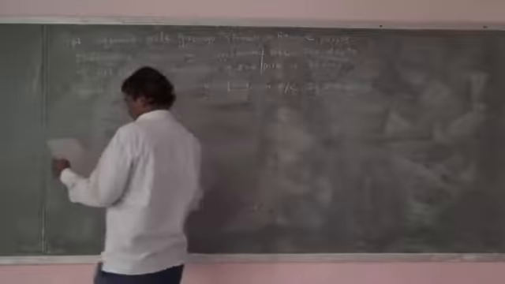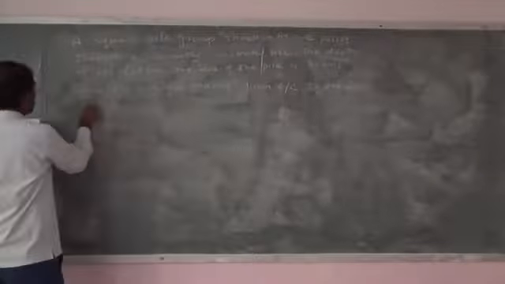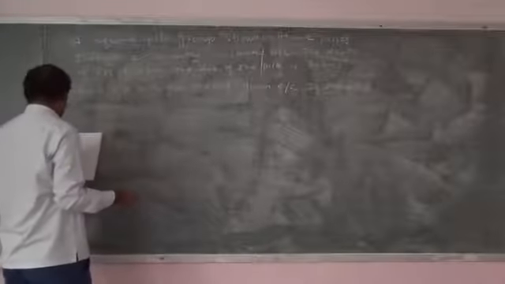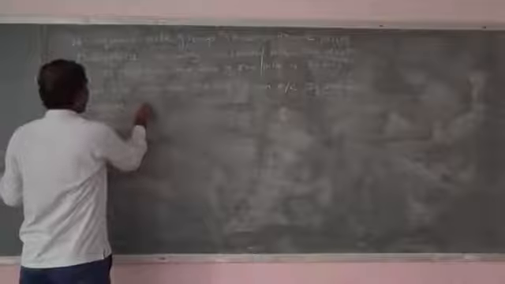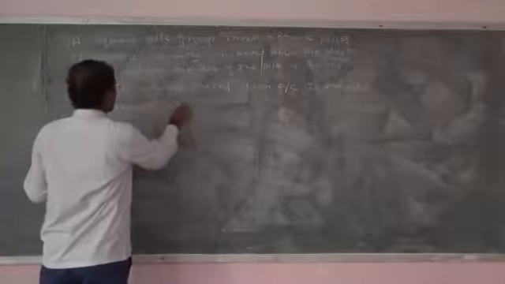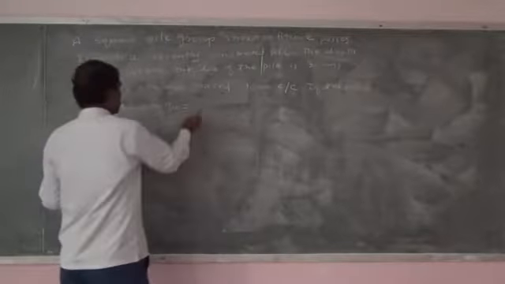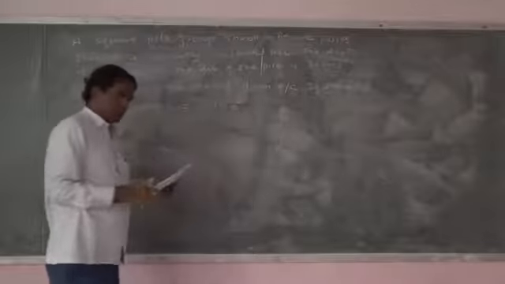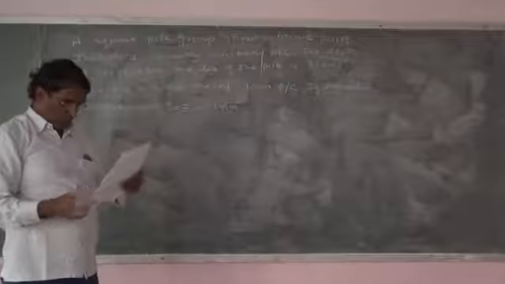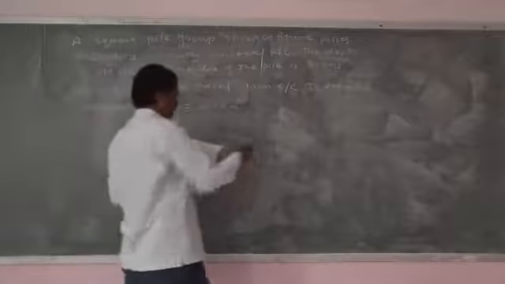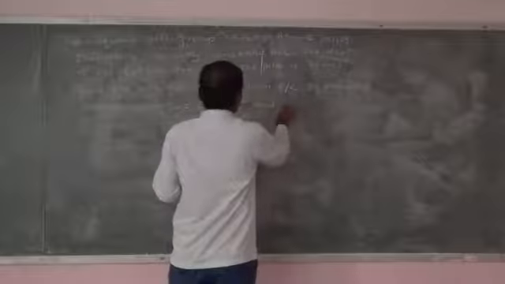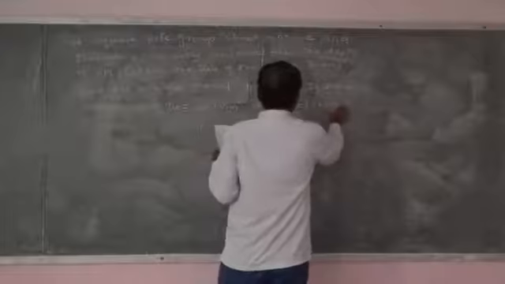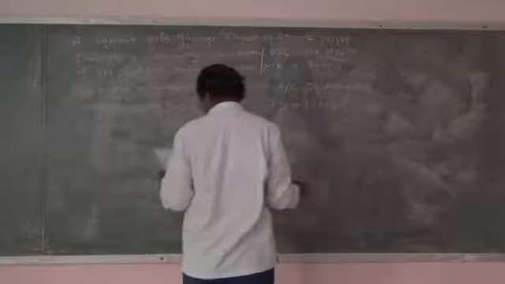If the soil is cohesive, with q_u equal to 60 kilonewton per meter square, and gamma equal to 15 kilonewton per meter cube.